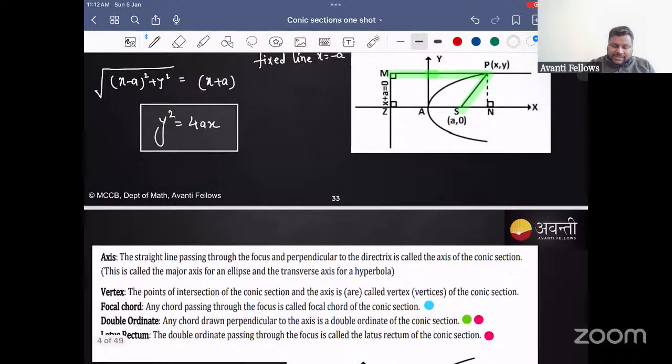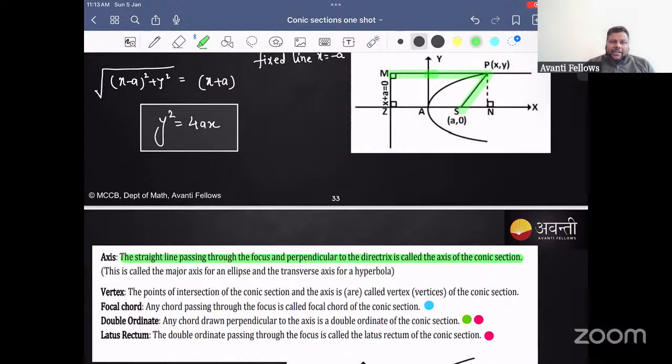Now let's understand some terminologies about it. Axis: the straight line passing through the focus and perpendicular to the directrix is called the axis of the conic. This is also the axis of symmetry. In the standard parabola y square equals 4ax, this axis of symmetry is the x-axis.